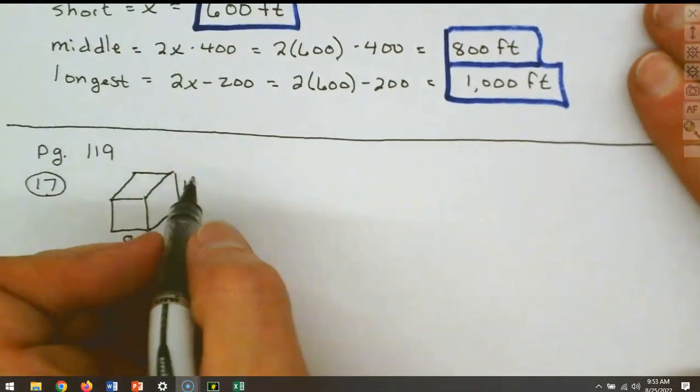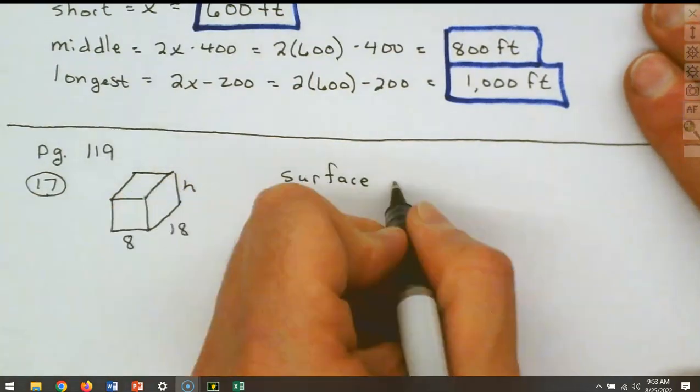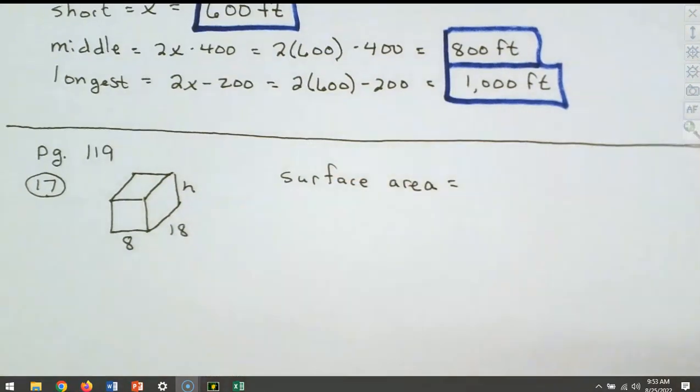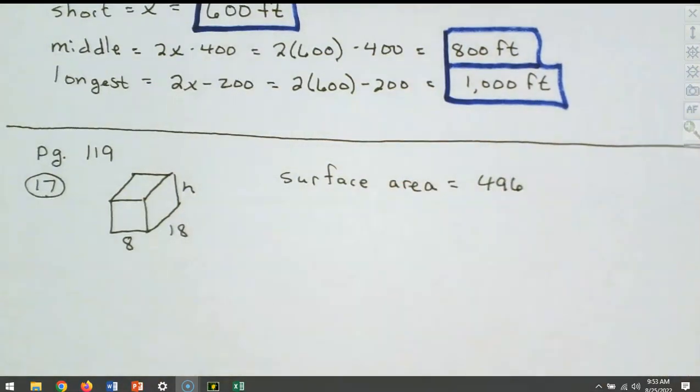Now, what we do know is we know the surface area. And I picked this one because this one's going to make you go back to the back cover of your textbook. And the surface area is 496 square feet, but we're not going to put the square on it. Right, so it's 496, and that's our surface area.